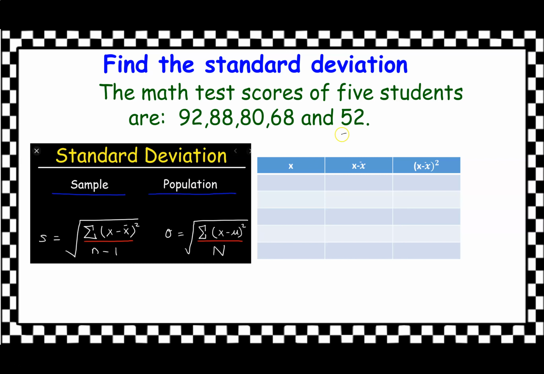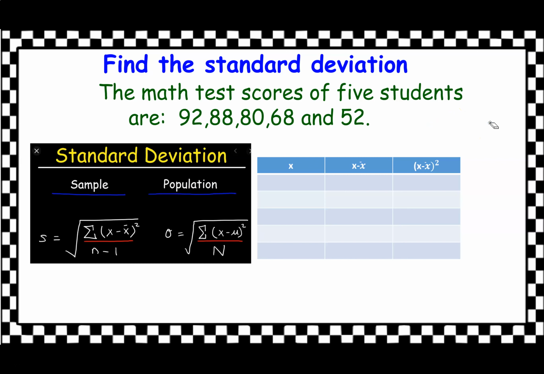Like, for example, here you've got a 52 and then you've got a 92. That's a pretty big spread. That's a pretty big difference. We must have a moderately big standard deviation. Versus, let's say I had maybe test scores of 72, 71, 78, 73. That one would have a smaller standard deviation if I used those test scores.